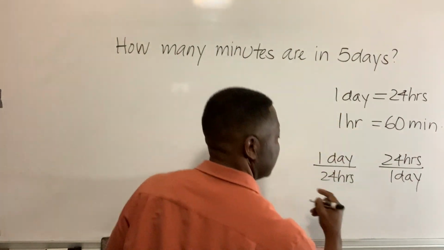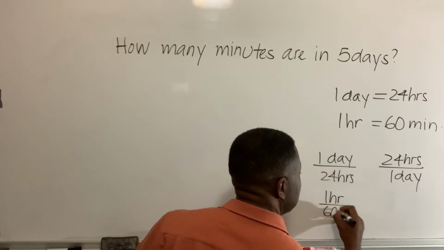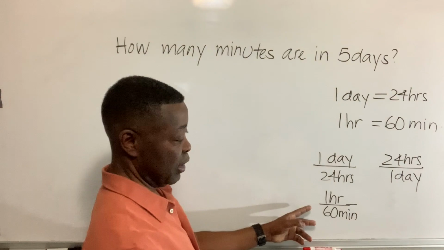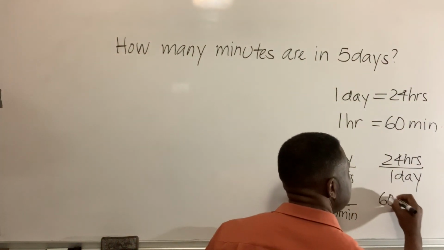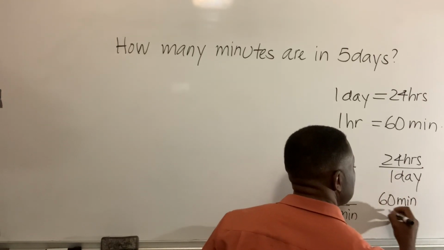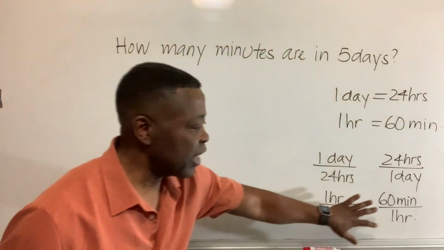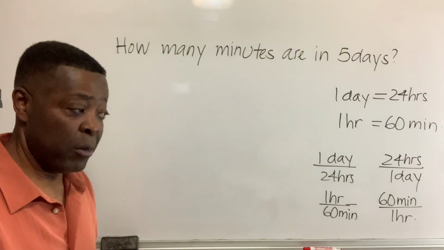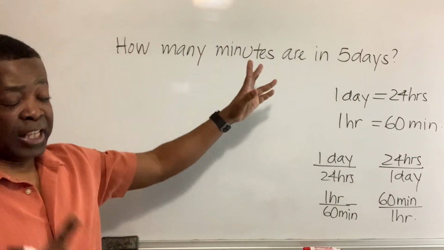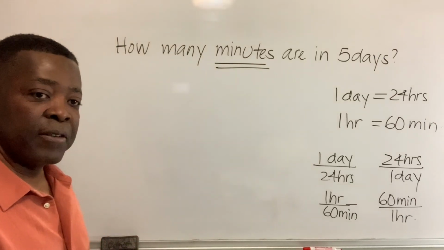We can write 1 hour over 60 minutes. This is equal to 1, just as we can flip it and write 60 minutes over 1 hour. All of these fractions or ratios are equal to 1. Remember, we're going to use them to cancel until we get to the minute we're being asked.